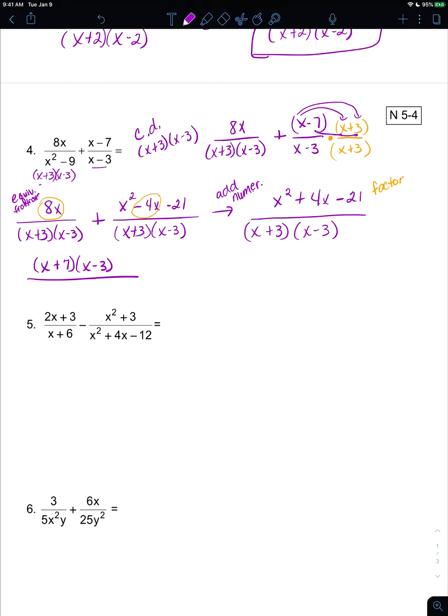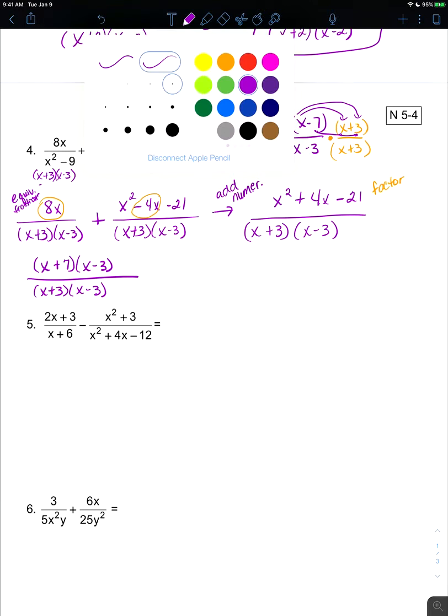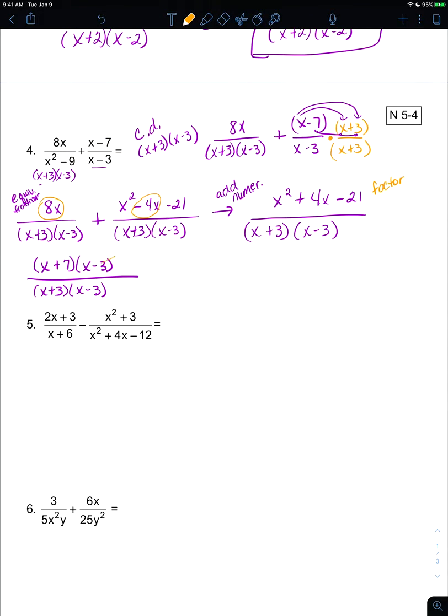That's the x squared plus 4x minus 21 factored, and that's going to all be over that x plus 3, x minus 3. Well, now we can see that we have these common terms of x minus 3. Anything over itself is 1, so those get reduced to a 1. Let me write that in a different color, reduce.